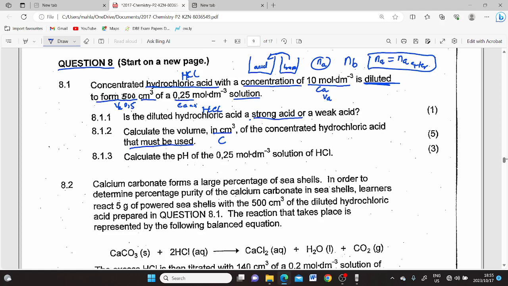So you know that the concentration of the acid multiplied by the volume of the acid gives us the number of moles.